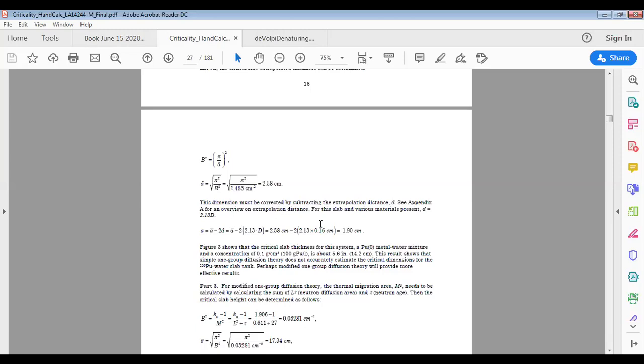So this is the diffusion coefficient. When you put them equal, here's what I get: 1.9 centimeter is the critical dimension. This is for a plutonium metal water mixture with the given concentration that you used. So essentially, this shows that the critical slab for this concentration is about 5.6 inches, 14.2 centimeters.